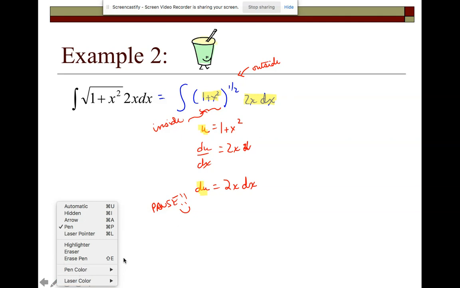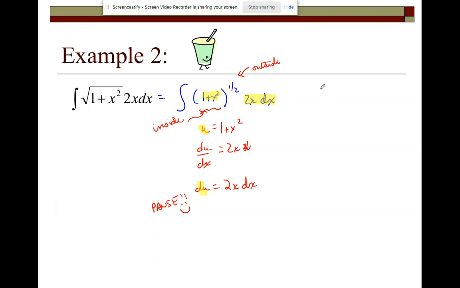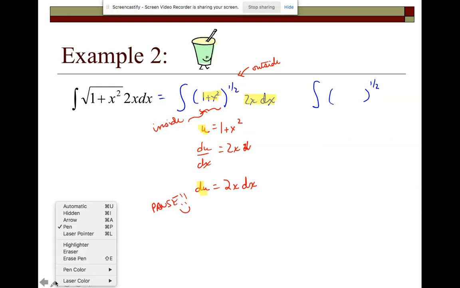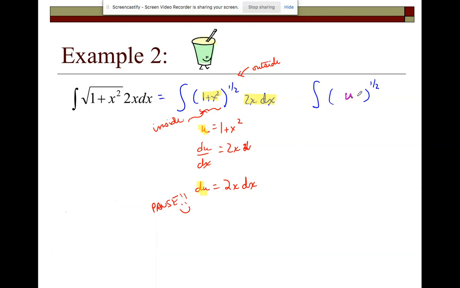The substitute stage is you're going to take the integral and have no x's left. You're just going to have u to the 1/2 and then replace 2x dx with du.